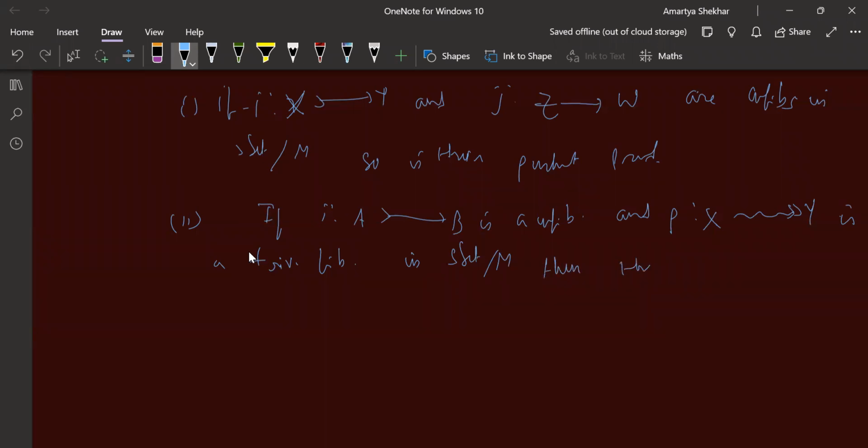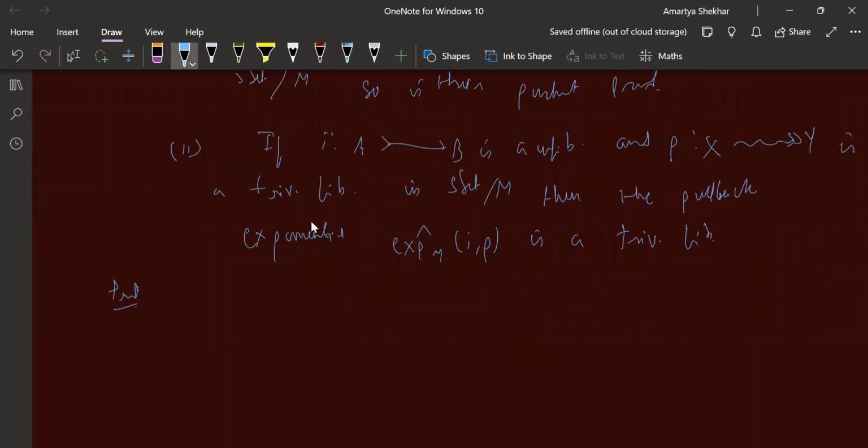And then the pullback exponential is a trivial observation. Right. Let me see. Okay, let me give a sketch.